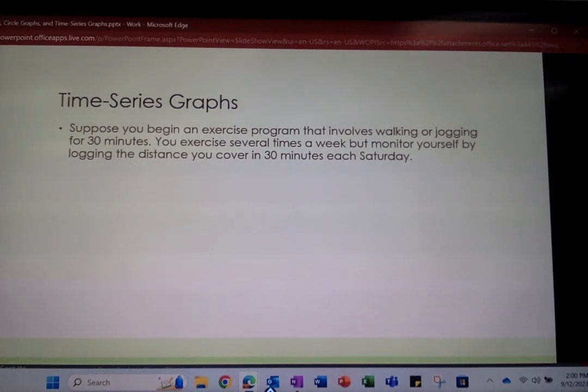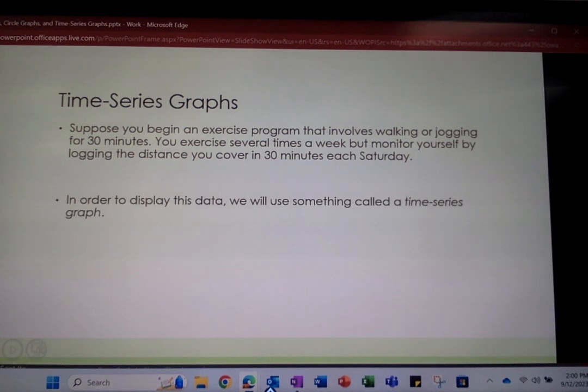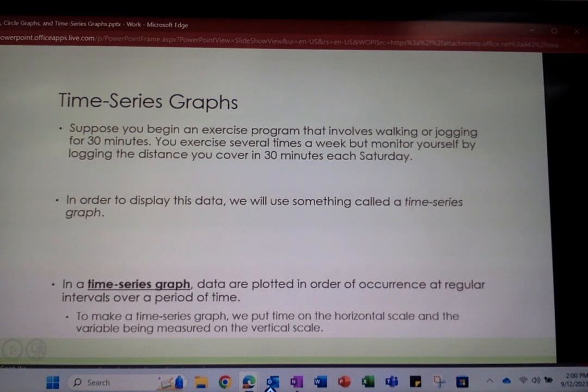Suppose you begin an exercise program that involves walking or jogging for 30 minutes. You exercise several times a week, but monitor yourself by logging the distance you cover in 30 minutes each Saturday. In order to display this data, we'll use the time series graph. So in a time series graph, data are plotted in order of occurrence at regular intervals over a period of time.